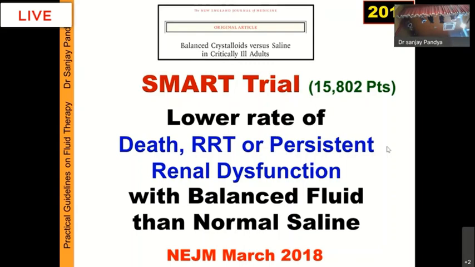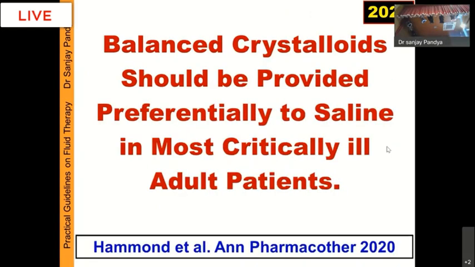If somebody ever asks which is the main current trial which favors balanced fluid, the answer is that it is the SMART trial. It should be provided preferentially to saline in most critically ill patients. This is what one of the articles said.